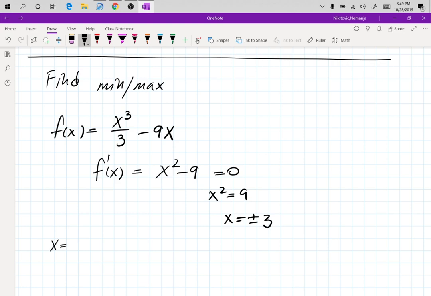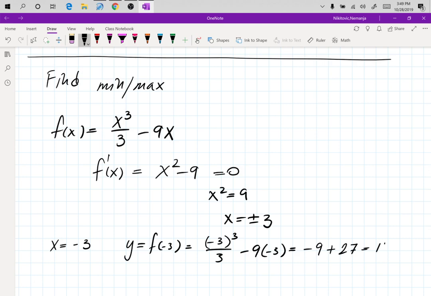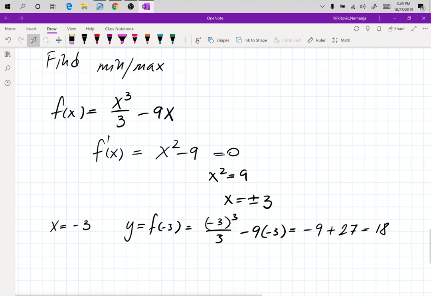So when x is equal to negative 3, we have the y value to be f of negative 3. And that's going to be negative 3 cubed over 3 minus 9 times negative 3. This is negative 27 divided by 3, right? It's going to be negative 9 plus 27 to give us 18.